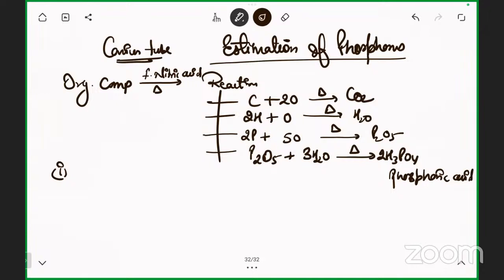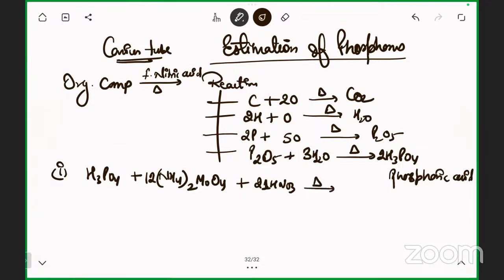You take this H3PO4. It reacts with ammonium molybdate, that is 12 molecules of (NH4)2MoO4, in the presence of 21 molecules of HNO3, and on heating it forms (NH4)3PO4·12MoO3.